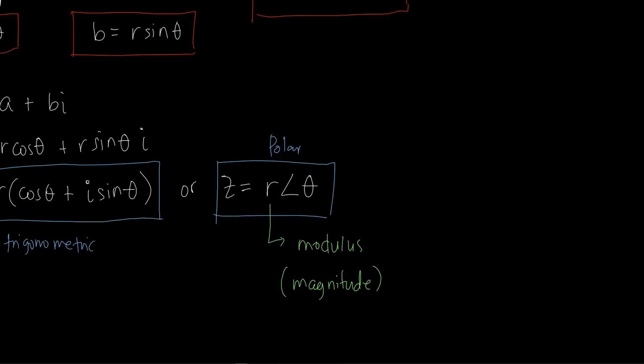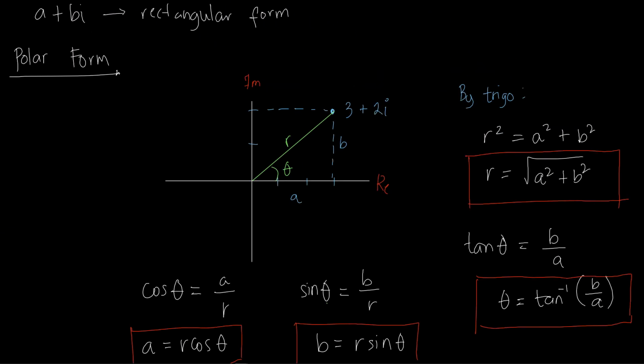Let's recap: imagine if this is a force. In your mechanics, R is the magnitude of your force, how strong your force is. So that is the magnitude, but in complex numbers we call it the modulus.